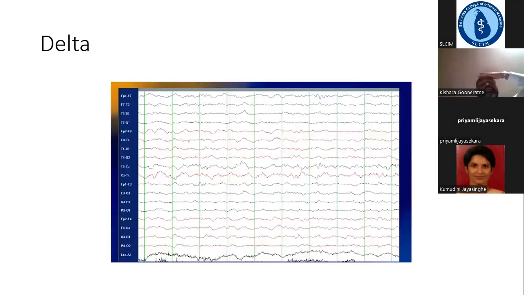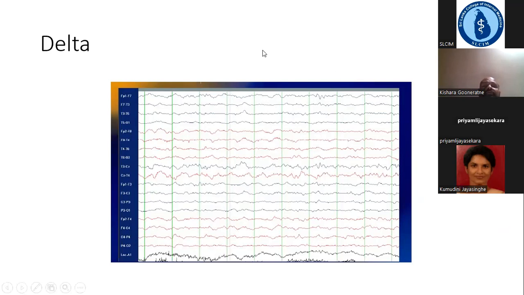So this is an example of diffuse delta activity. This is not the normal background, but the background activity in a patient where there is diffuse delta activity. The green vertical bars are the time base, so between 2 consecutive vertical bars is 1 second.